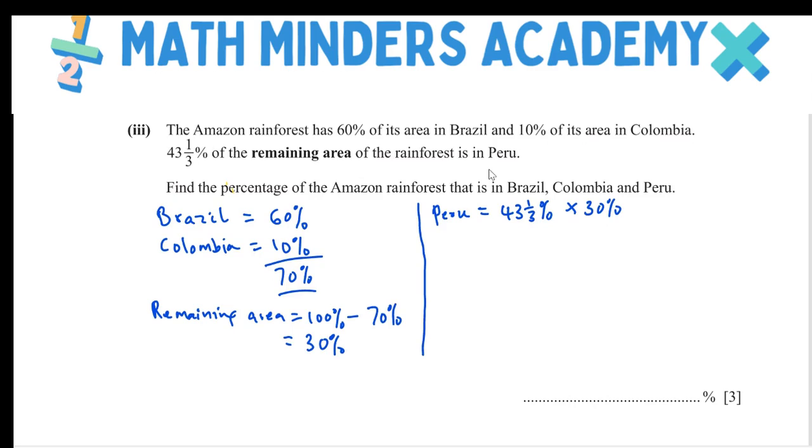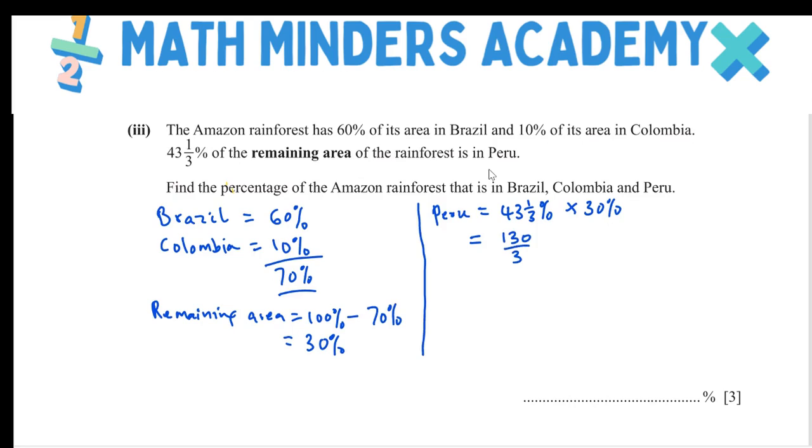If you turn 43 1/3 to an improper fraction, it gives us 130/3.